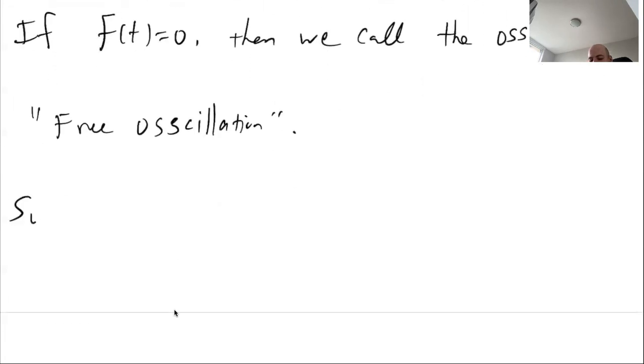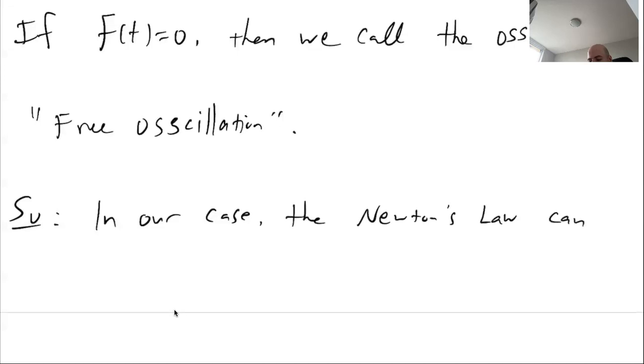So in our case, Newton's law can be written as follows.